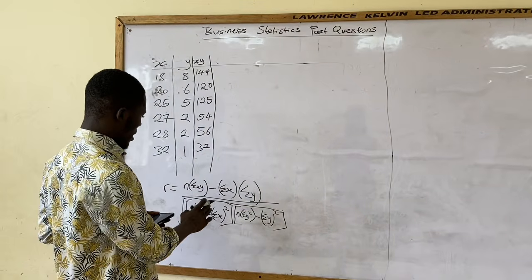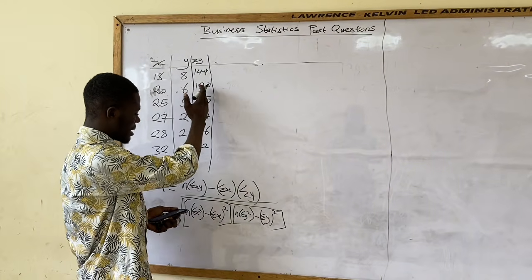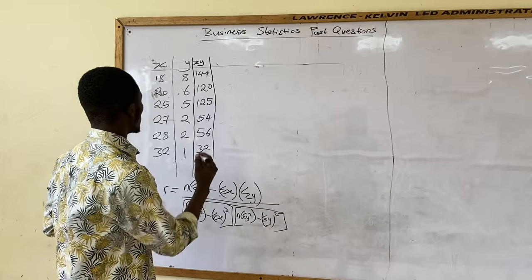We are done creating our xy. Now we can see we have our x here, our y here, and our xy here. Now let's look at x squared.